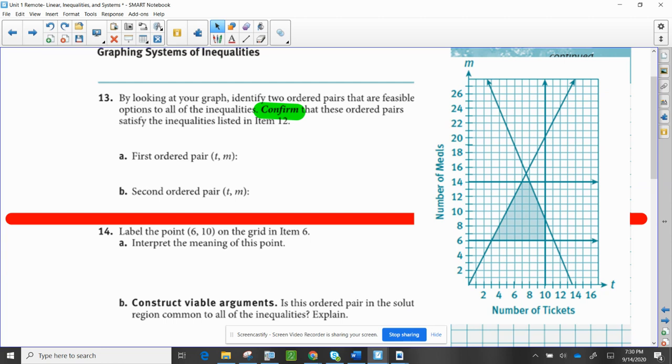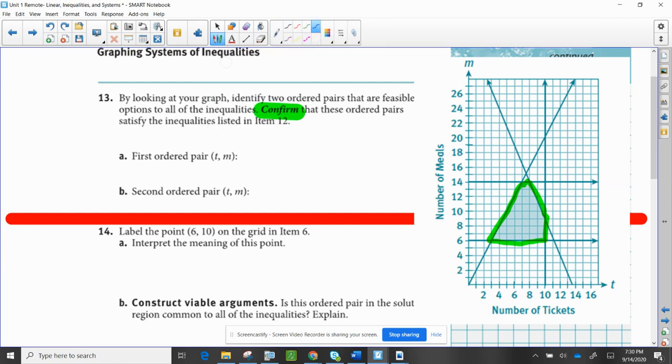Okay, so looking at the graph, again, tickets here on the x-axis, meals up the y-axis. So this is kind of a shrunk-in version of what I just showed you, of where they all overlap each other, kind of in this weird shape. So give me an ordered pair that could be a feasible option for Roy that meets all of his constraints.